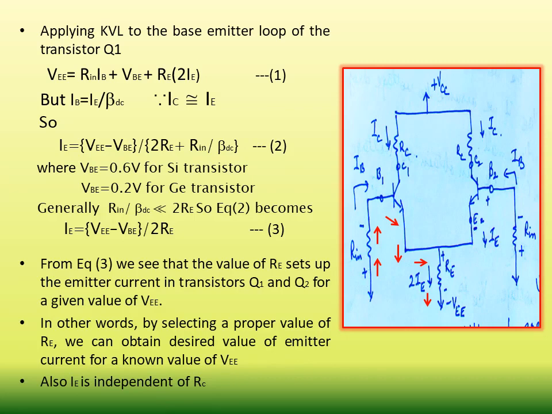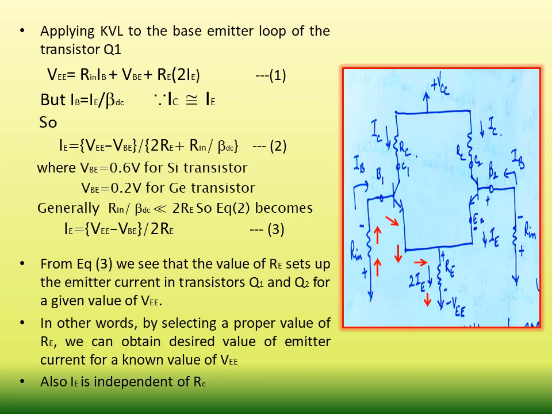In other words, by selecting a proper value of RE, we can obtain the desired value of emitter current for a known value of VEE. Also, IE is entirely independent of RC.